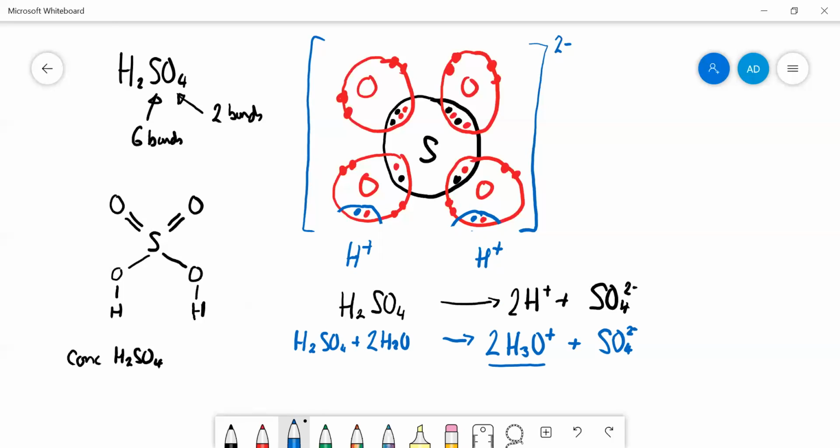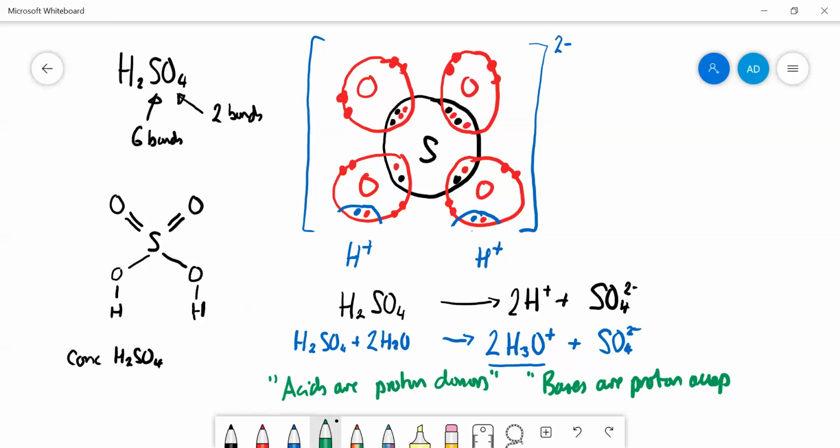And it's worthwhile mentioning this just at A level. Really, we say that acids are proton donors, and the converse of this, bases are proton acceptors. That's a little bit different from GCSE. At GCSE, we said that acids are things which make H+ ions in solution.